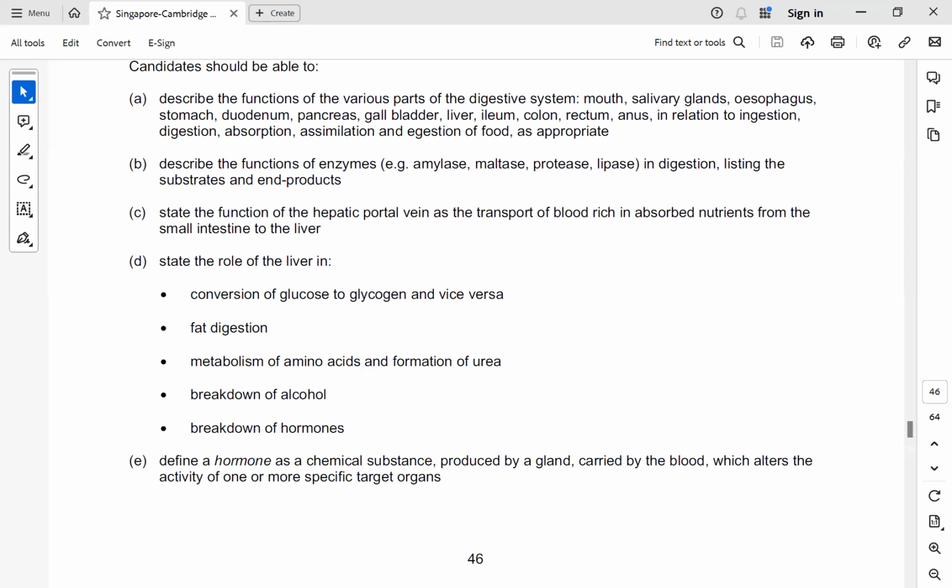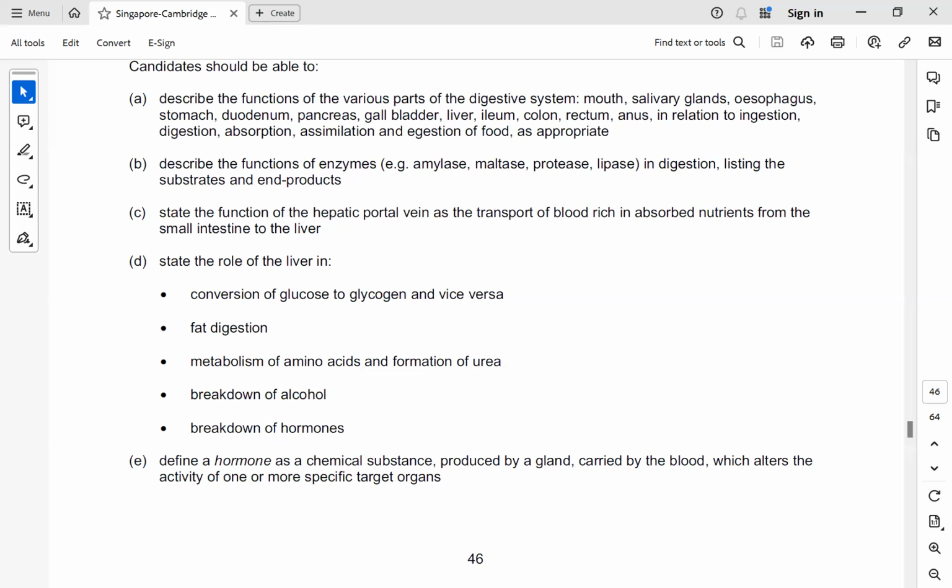Then we also talk about the third one, detoxification of alcohol. I hope you all can also know the syllabus.